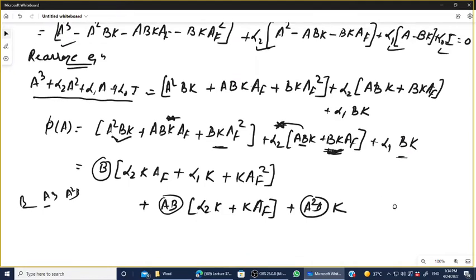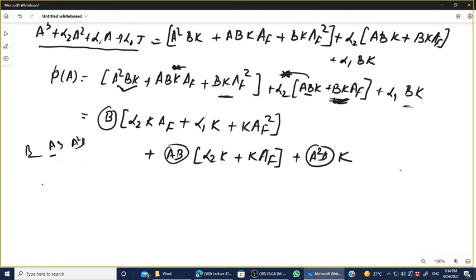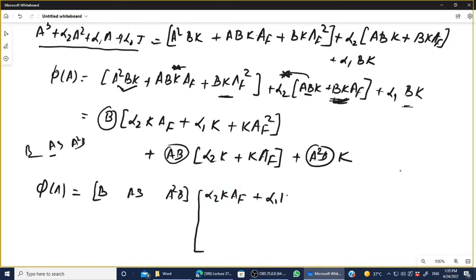So ultimately you can write like this: phi A may be written as the B matrix, AB matrix, A square B matrix, into alpha 2 KAF plus alpha 1 K plus KAF square, then alpha 2 K plus KAF, plus K. Ultimate goal is to find the value of K, as you know.